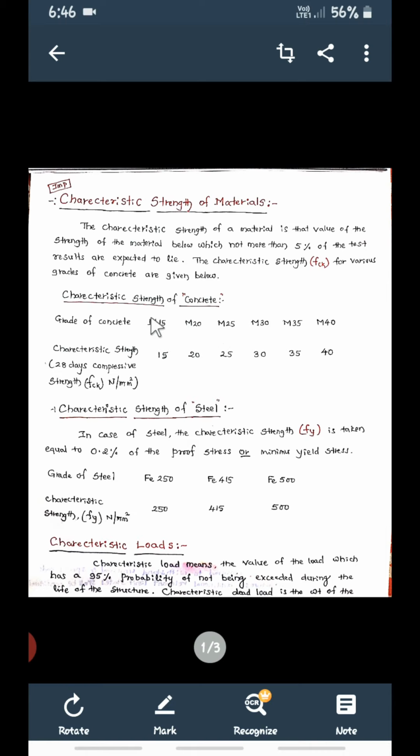If I want to know the characteristic strength of concrete after 28 days of curing, how have we got this 15 number, or 20, 25? I will prepare 100 concrete cubes, and after 28 days of curing, I will test all the 100 cubes.